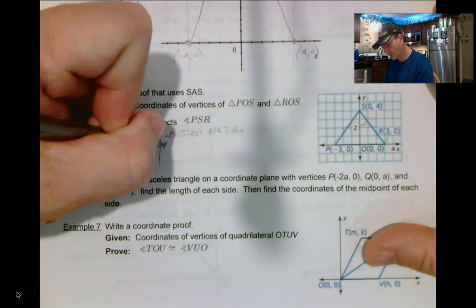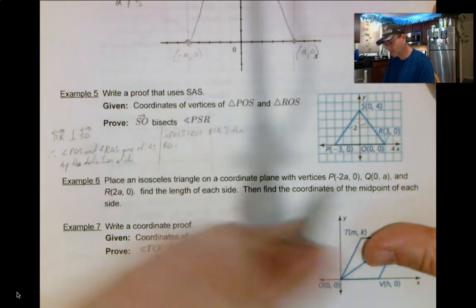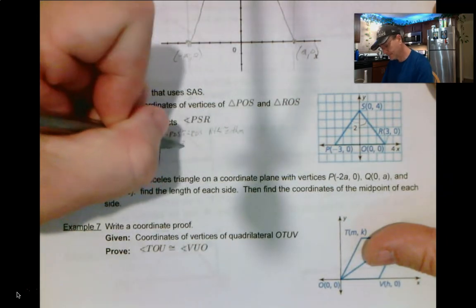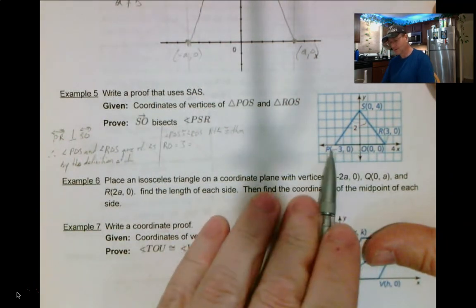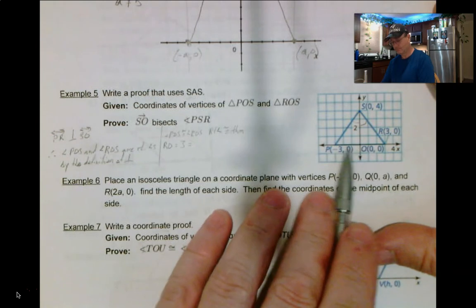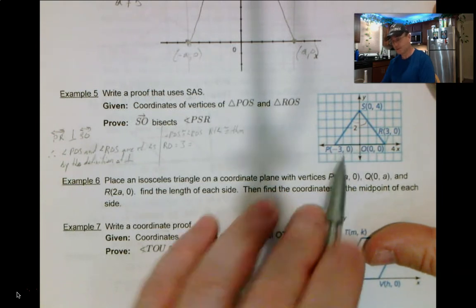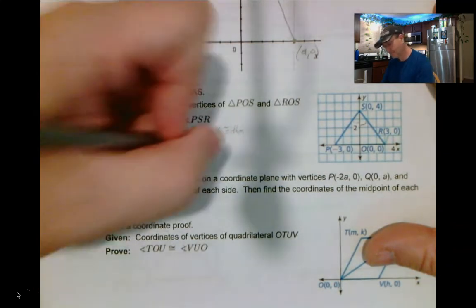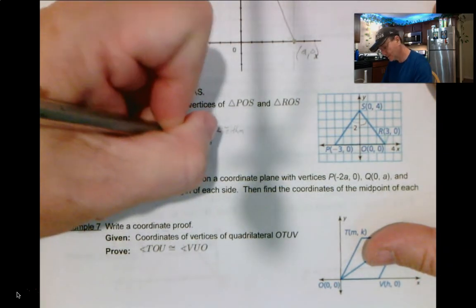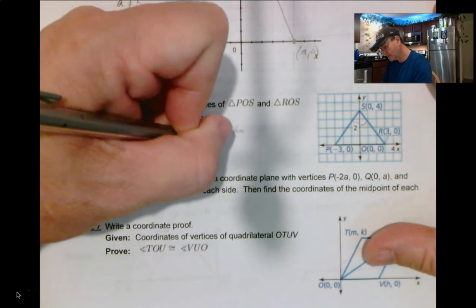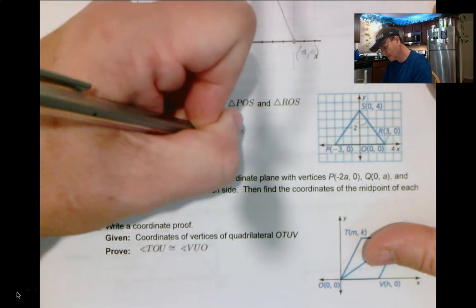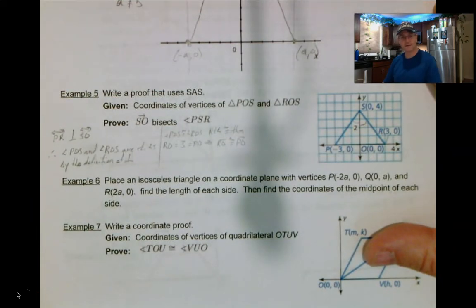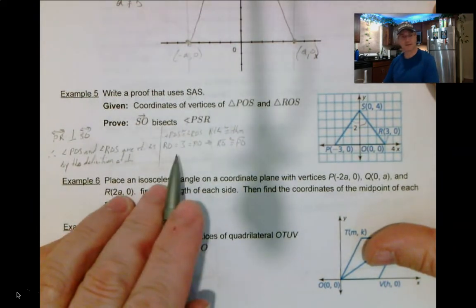We know RO is equal to 3 units. What can you tell me about PO? It's equal to 3 units. Therefore, RO is congruent to PO. Definition of congruent segments. 2 segments that have the same length.